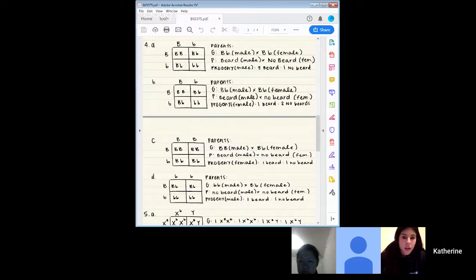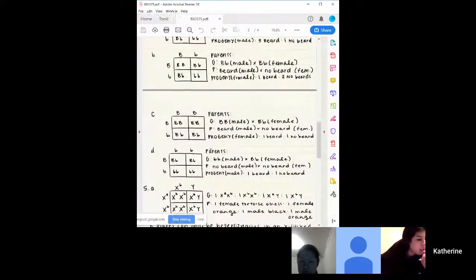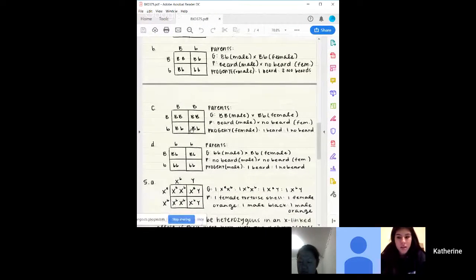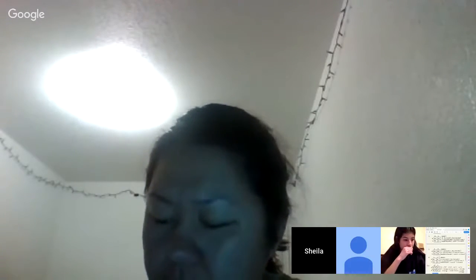So for this one, I just realized that only one of the parents could have a lowercase b allele, because each parent has 2 alleles in the Punnett square. So that's kind of how I ruled it out.